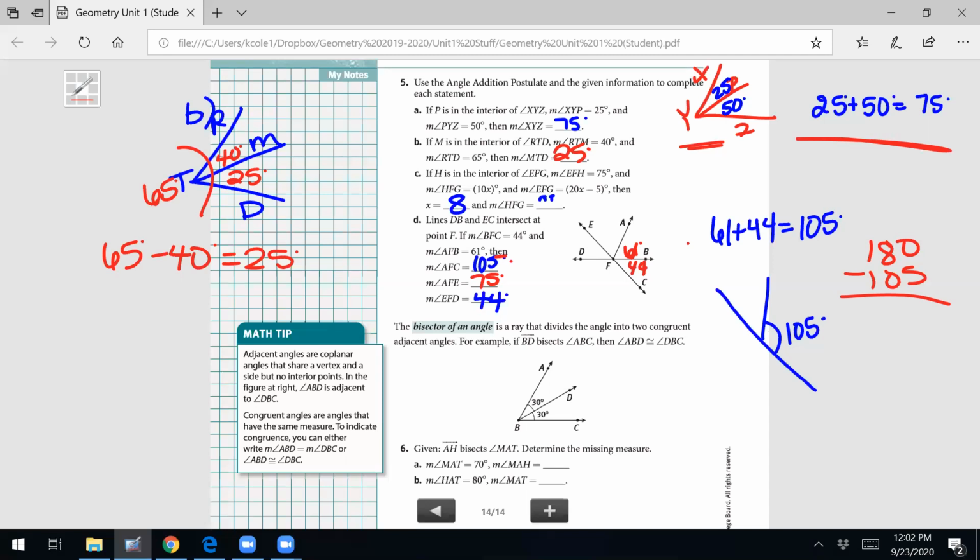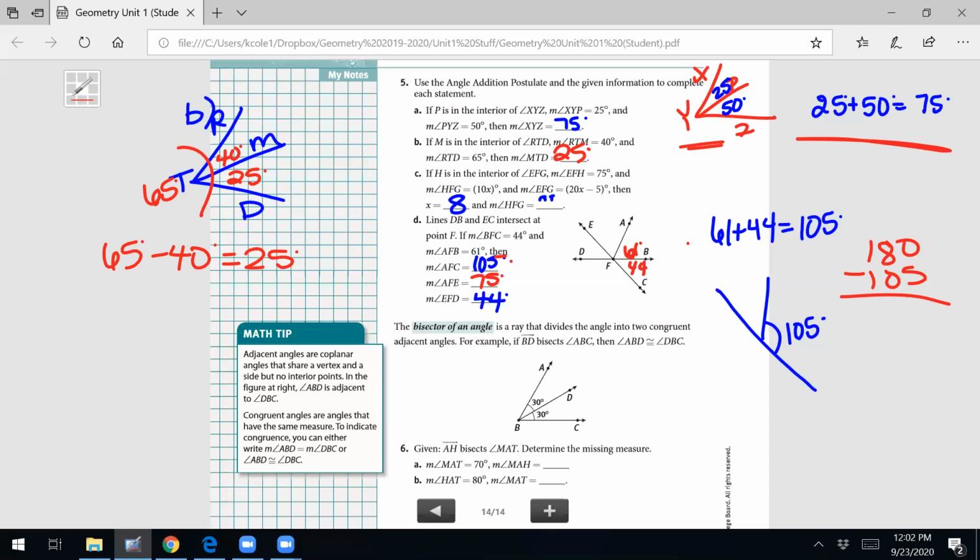All right. So at the second part of that page, it says the bisector of an angle is a ray that divides the angle into two congruent adjacent angles. So you're dealing with two congruent adjacent angles. It says, for example, if ray BD bisects angle ABC, then angle ABD is congruent to angle DBC.